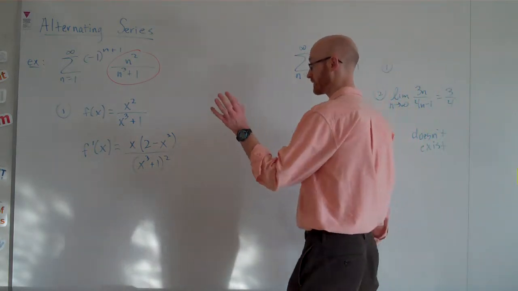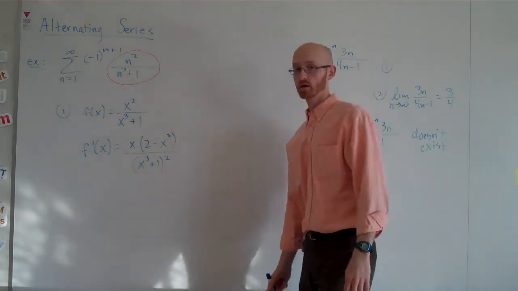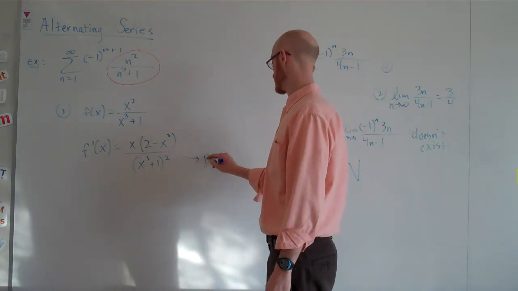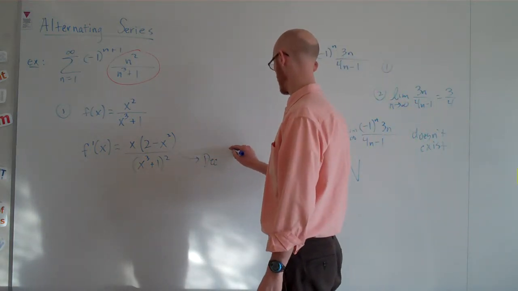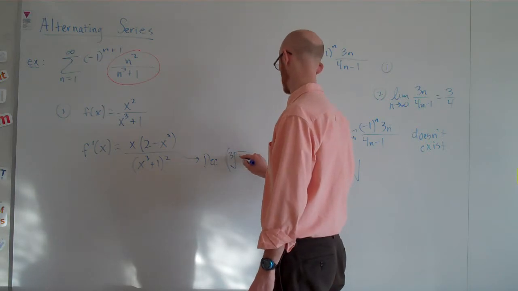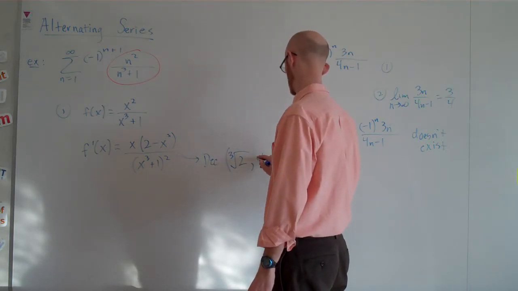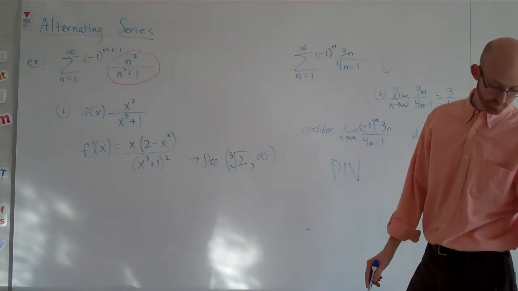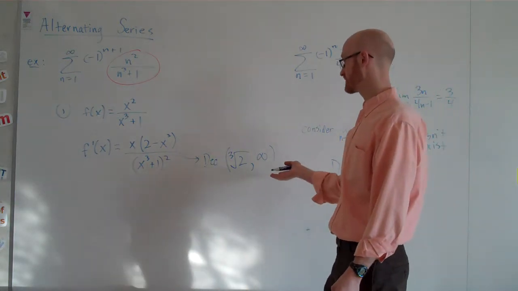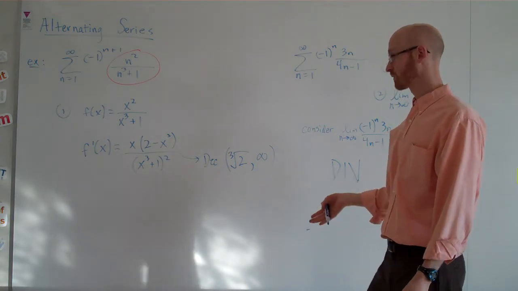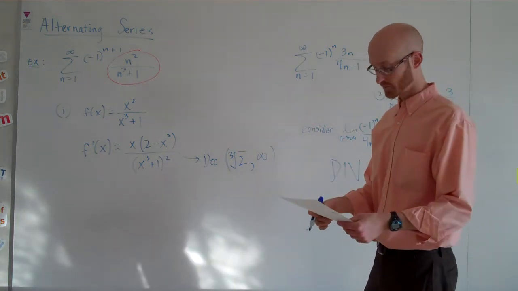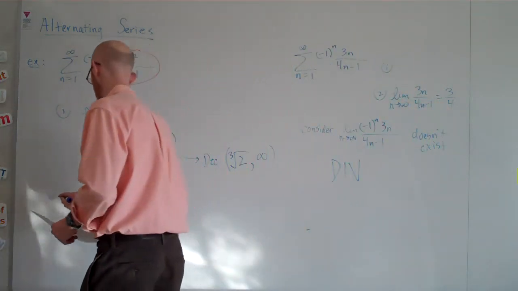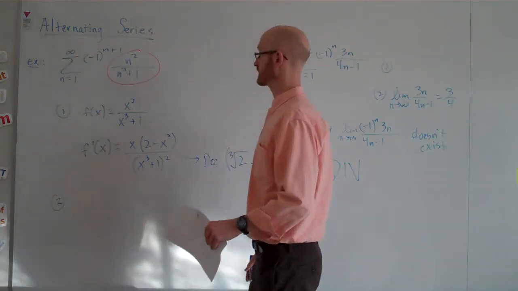Now if you set that equal to 0 and solve and look for when it's decreasing, it turns out that it's decreasing on the interval from the cube root of 2 to infinity. So if it's decreasing that whole time, then we're good. That's the first condition.